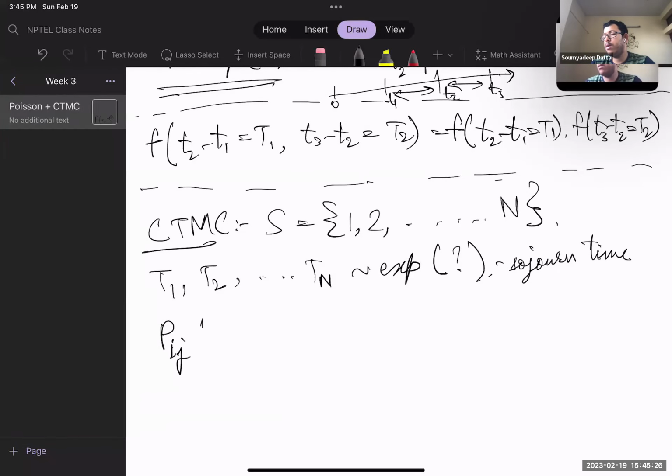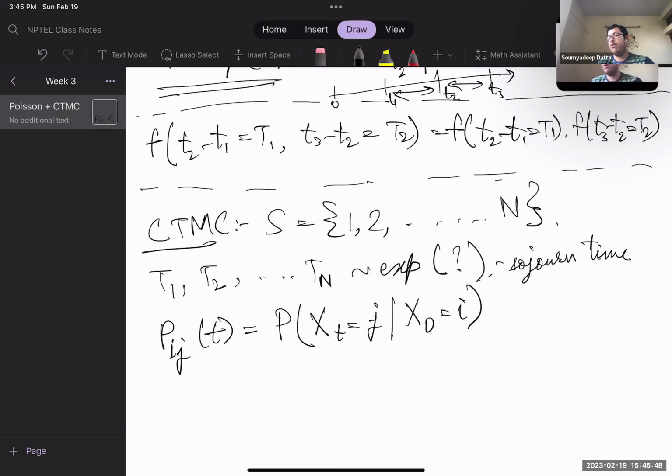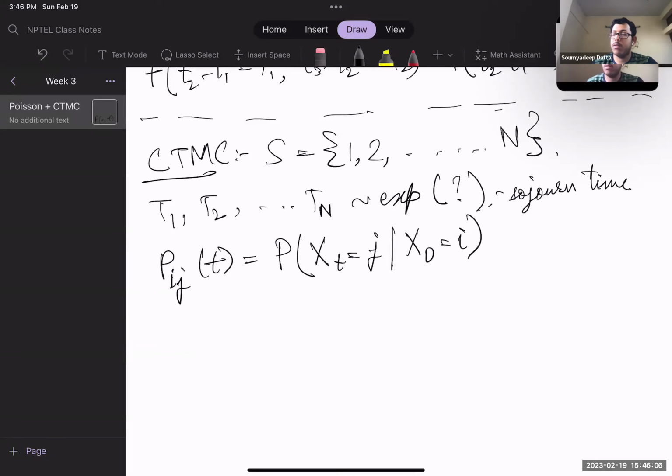For a continuous time Markov chain, we can write the probability as Pij of t, which is the probability that the state at time t, Xt, equals j given X0 equals i. And the way a continuous time Markov chain is factorized, there's another matrix Q, the generator matrix. This is the transition probability matrix, and Q is the generator matrix.